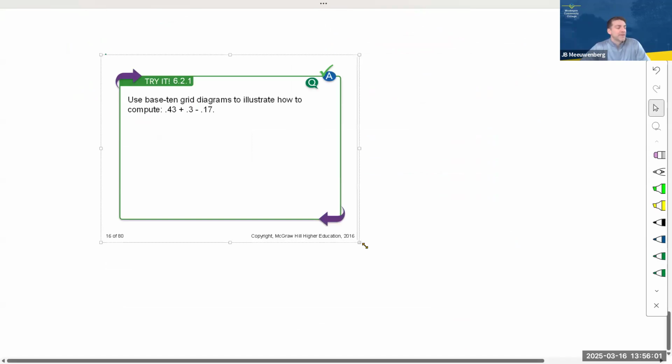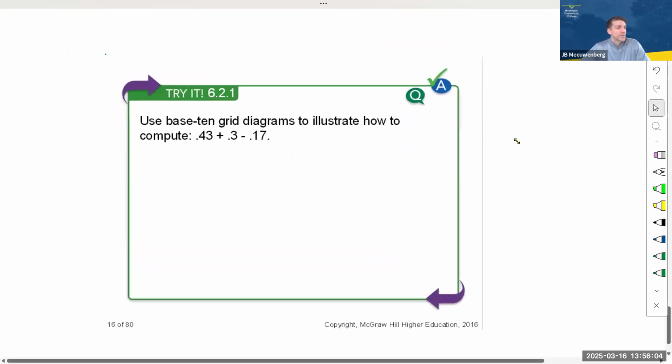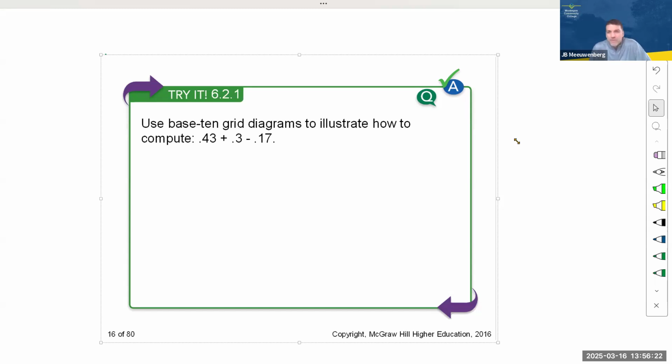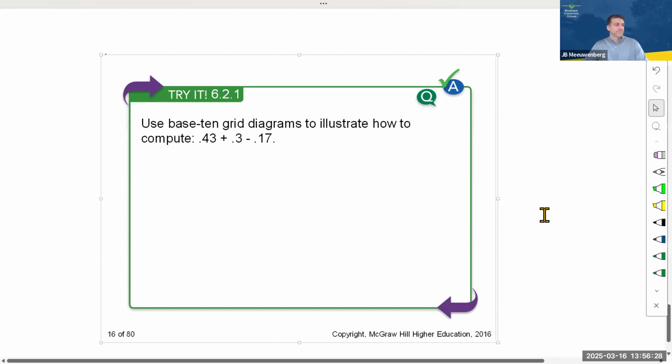We're going to use our base 10 decimal square grid diagrams to illustrate this problem. 0.43, 43 hundredths minus 3 tenths minus 17 hundredths. So see what you can come up with. Sketch yourself a little diagram. It doesn't have to be perfect, but again, the importance is linking it to these visuals. Take a moment to do that.